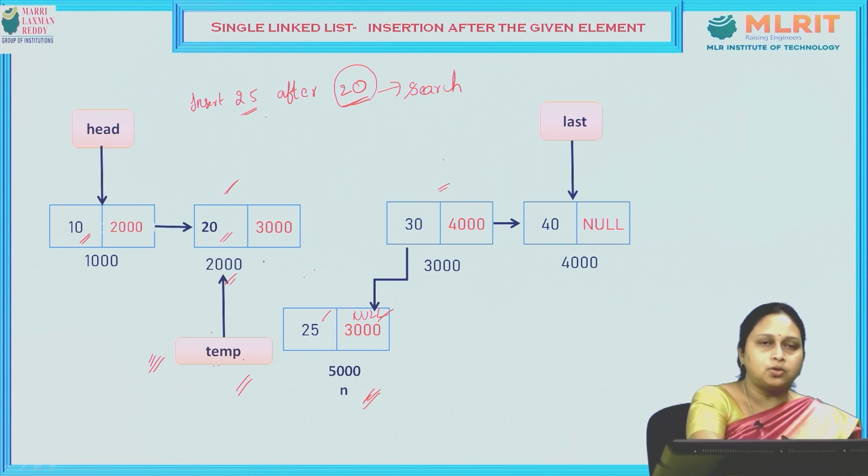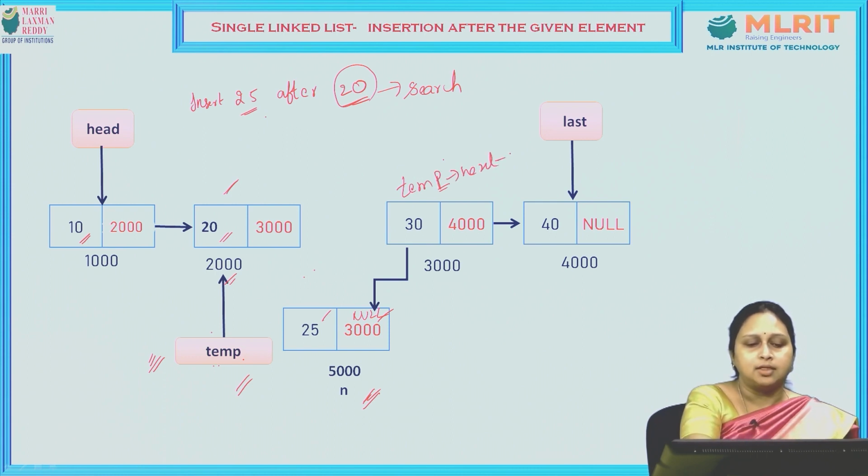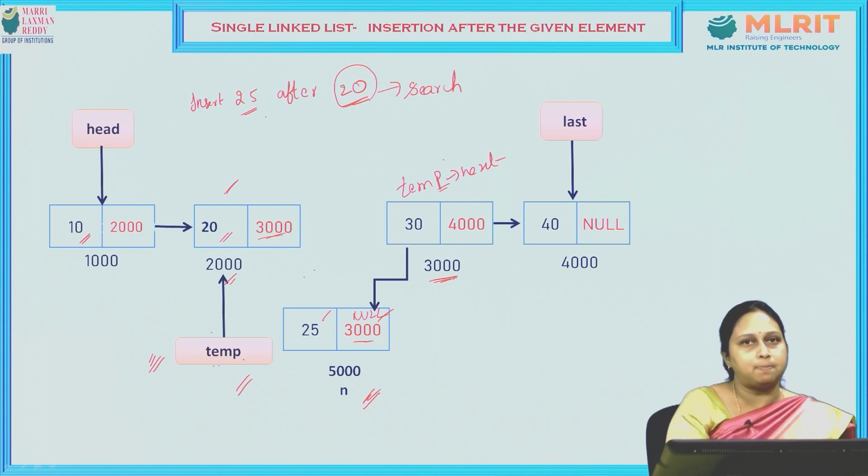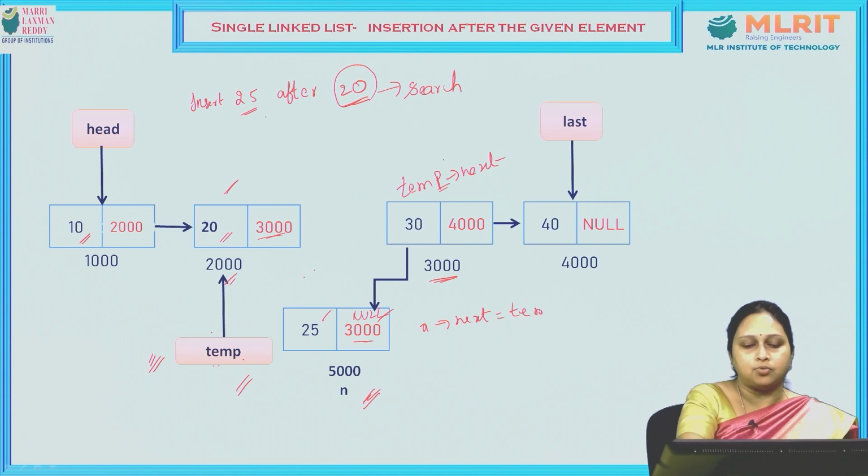The name of this node is nothing but temp arrow next. Why? Because the next address is stored in temp arrow next. Now make the connections. Here in n, in this address part we are going to store the address of temp arrow next. That means we are going to write the statement n arrow next equal to temp arrow next.